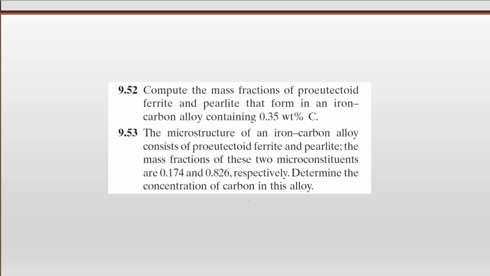In a similar way that we applied the lever rule to phase diagrams containing microconstituents like the eutectic, we can do a similar thing here. So let's have a look at these problems and solve them.